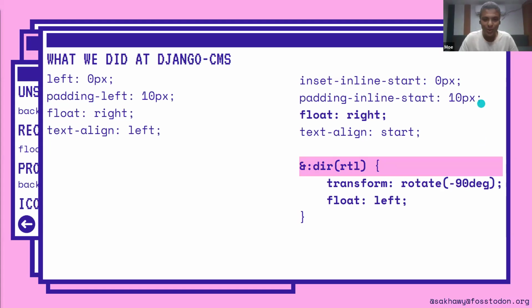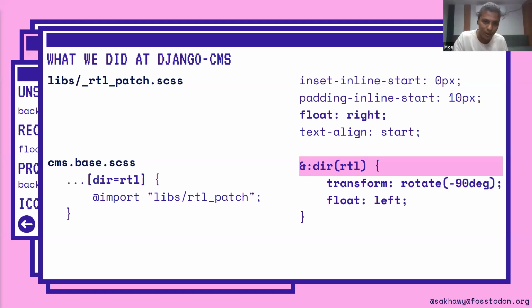You'd think the problems would stop here, but no. The dir pseudo class suffers from the same problem as the logical values for the float property: it was only recently introduced to browsers. So as a final solution, we made a patch for the dir pseudo class.